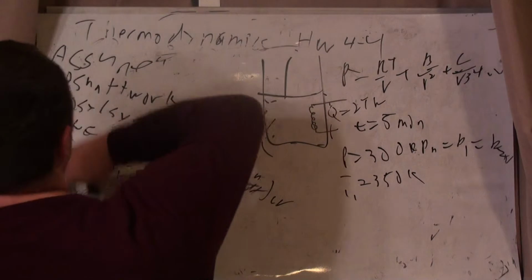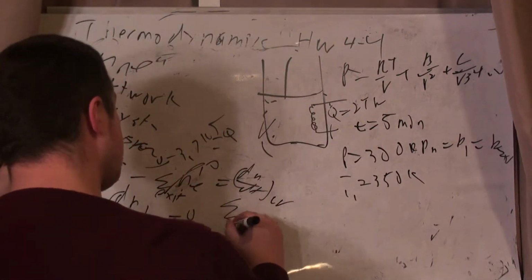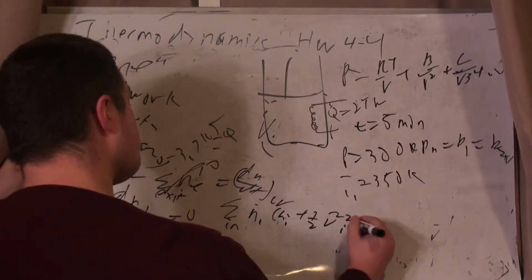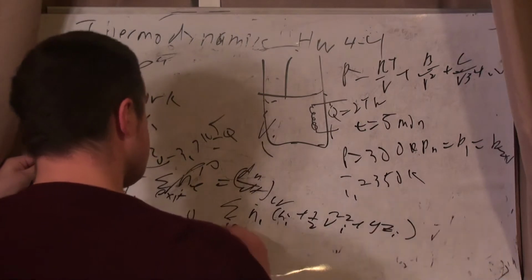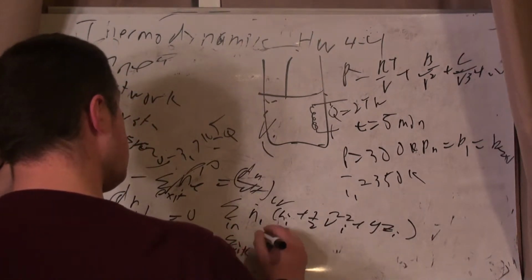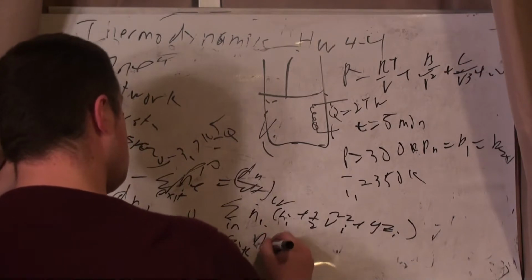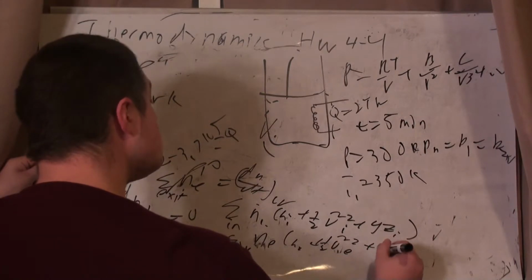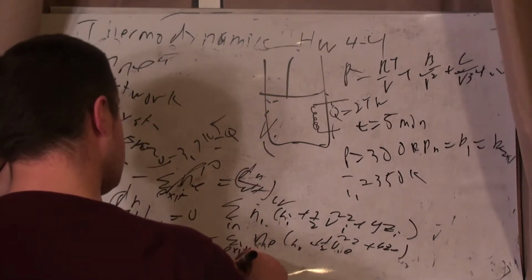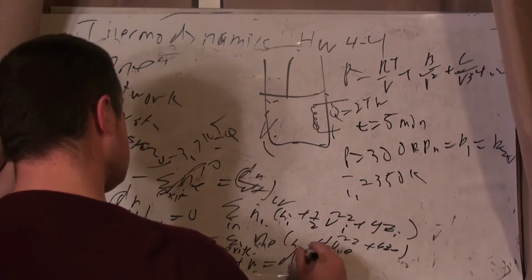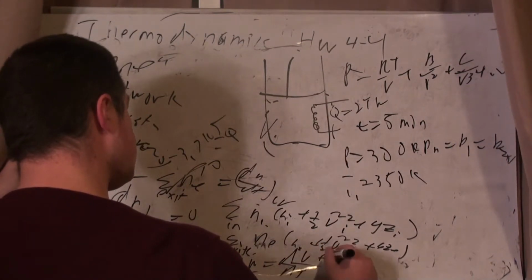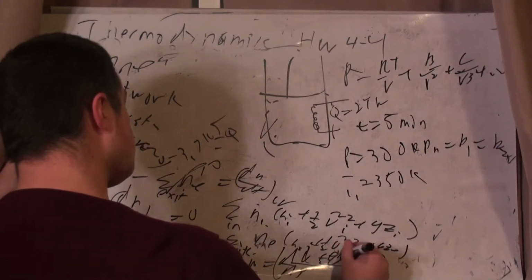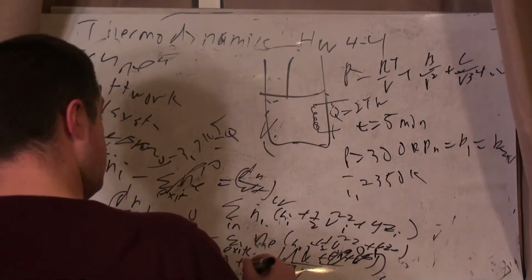Now the energy balance. The sum of the inlets, N dot i times h i plus 1/2 v squared i plus g z i, minus the sum of the exits, N dot e times h e plus 1/2 v squared e plus g z e, plus Q dot plus W dot equals dU/dt plus dEK plus dEP. The kinetic and potential terms go to 0.